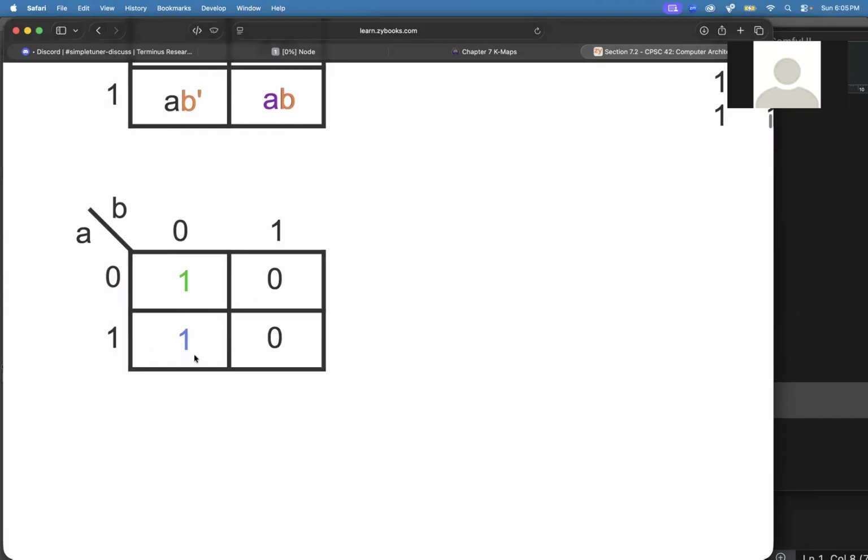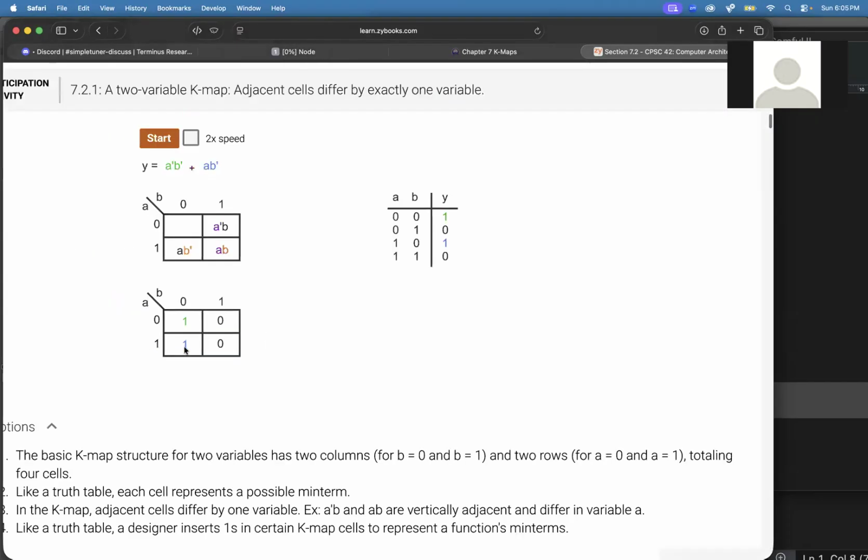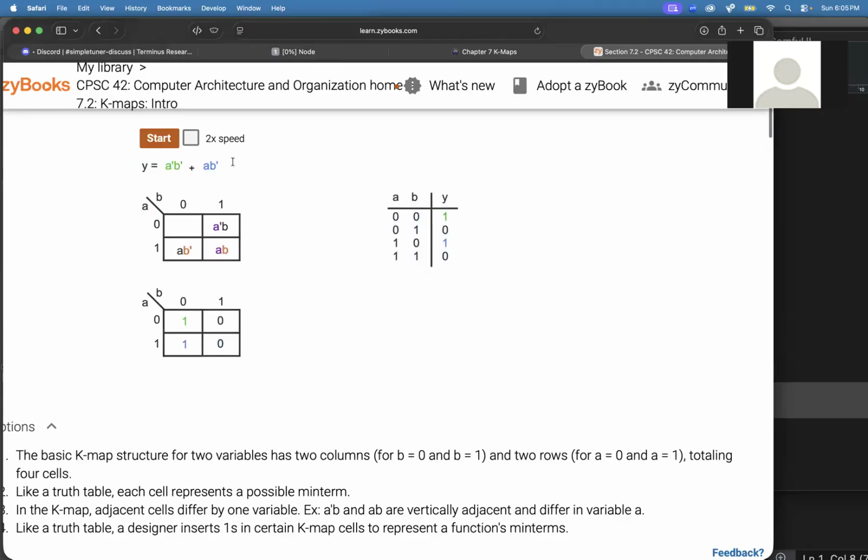So in the 1, 0 box, there's also a 1. Every term up here is a 1 in the table. You could also put it in a truth table, and you can translate it: 0, 0, 1 corresponds to a 1 in the 0, 0 box. 1, 0, 1 corresponds to a 1 in the 1, 0 box. I think I said 0, 0 box is up here, and 1, 1, 1, 0 box is down here. I might have said it wrong one of those times.